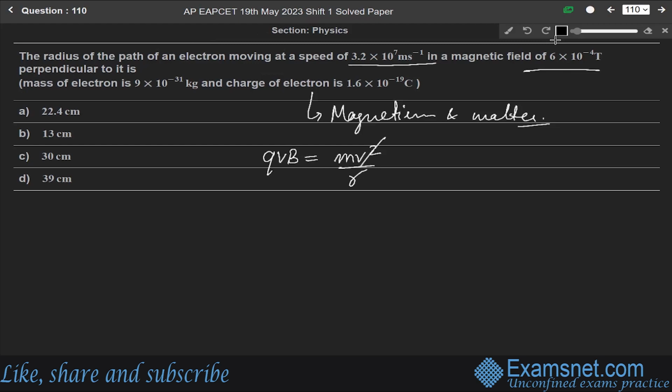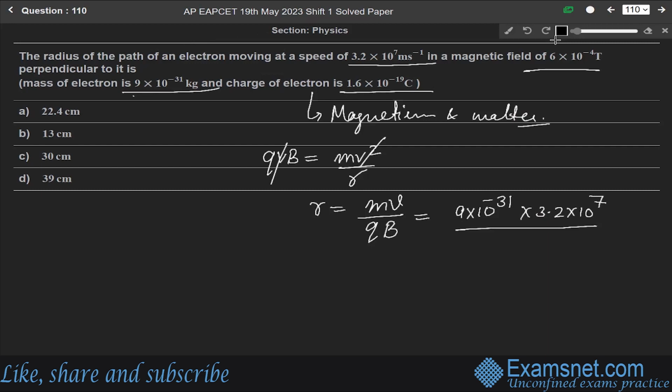Okay, so this v cancels one power of v, so r will be equal to what? mv over qB. So the mass m is given as 9 into 10 to the power minus 31 kg, and velocity is given as 3.2 into 10 to the power 7 meter per second, over charge.